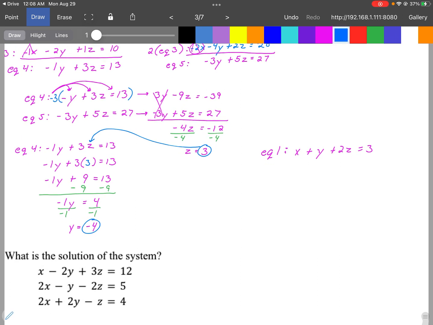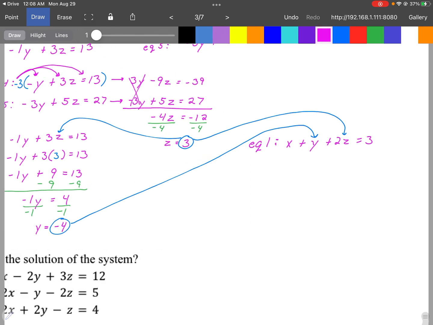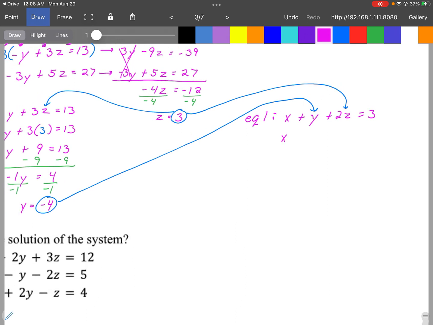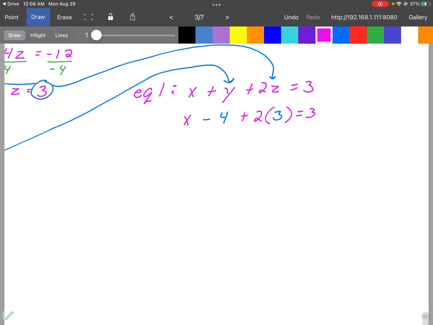And now, I know that I need to plug in the two answers I have. So I know that z is 3, so that's going to go there. I know that y is -4, so that's going to go right there. And so then, that gives me x, and then since y is -4, that's really just -4. And then I have plus 2 times z, which is 3. And then that equals 3.